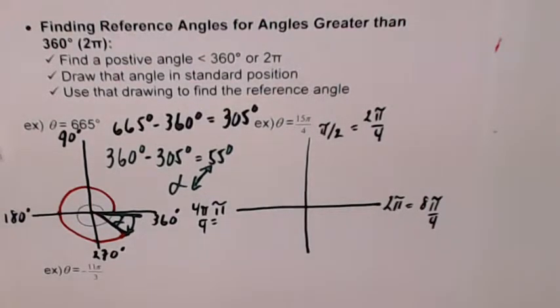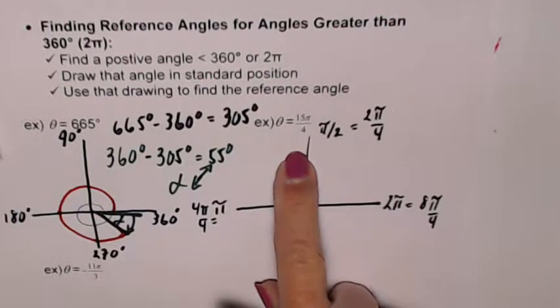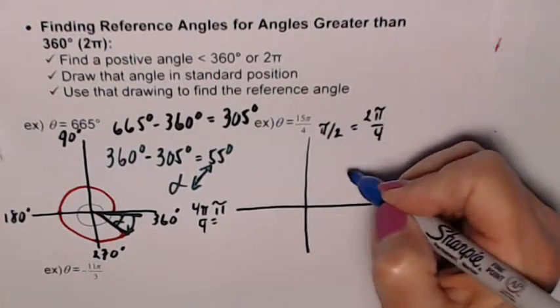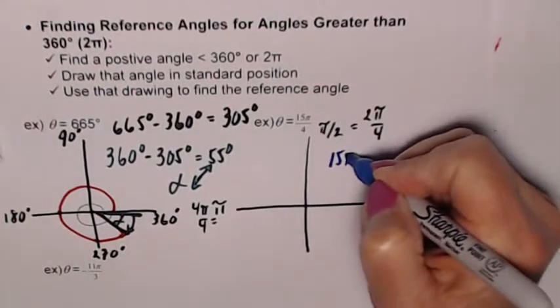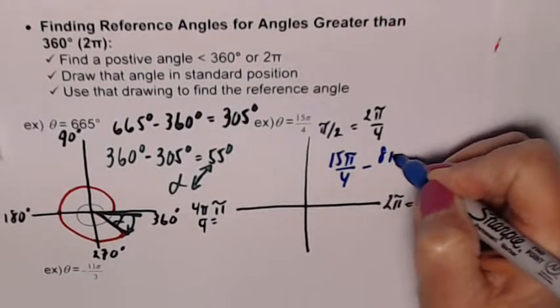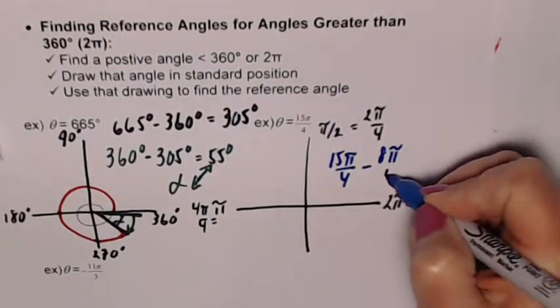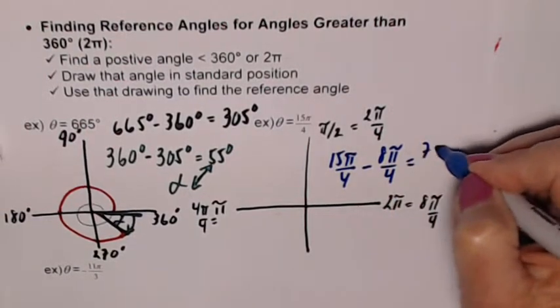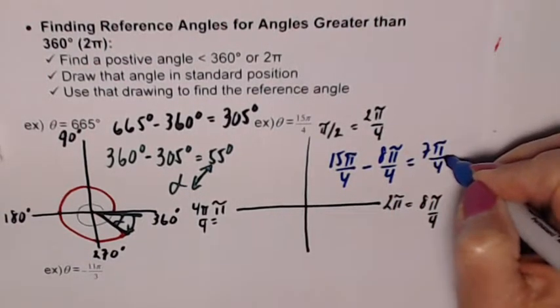So again, let's take our 15 pi over 4. Let's back out our complete revolution, our 2 pi, which looks like 8 pi over 4. And this gives us 7 pi over 4.